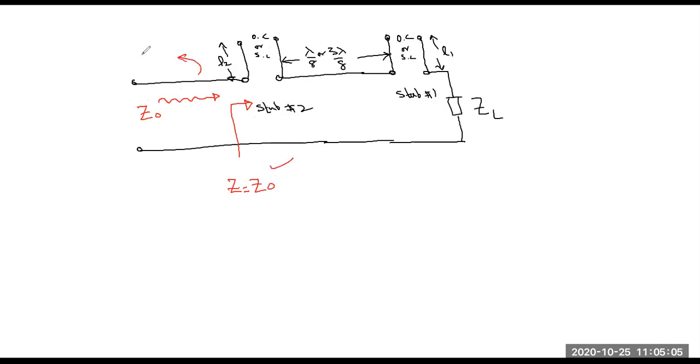As a result, the reflection coefficient will be 0. That is the purpose of using a double stub matching circuit: we want to match our load. So this is a new configuration, known as the series double stub matching circuit.